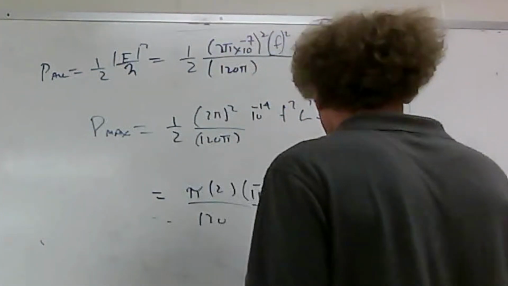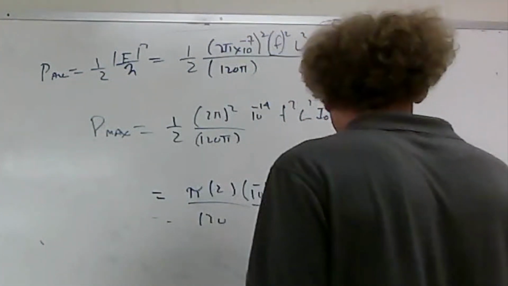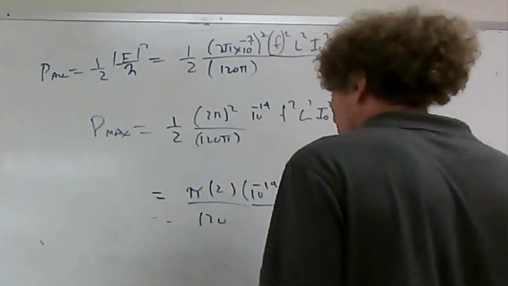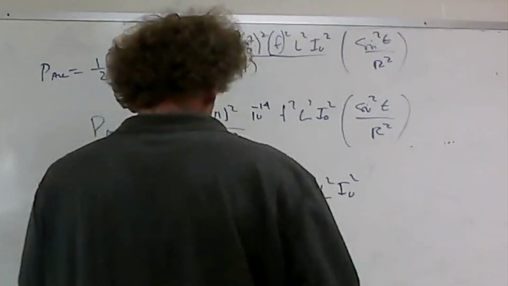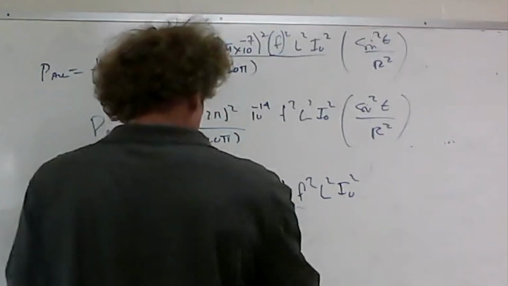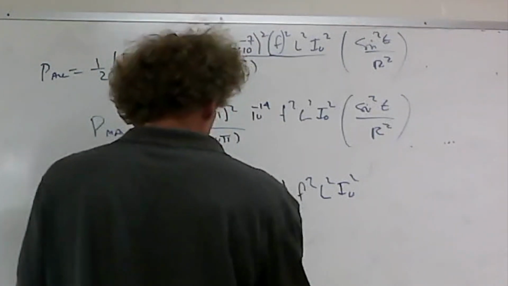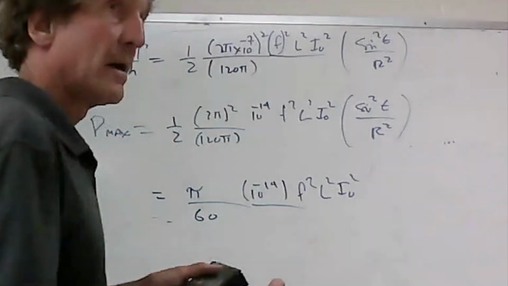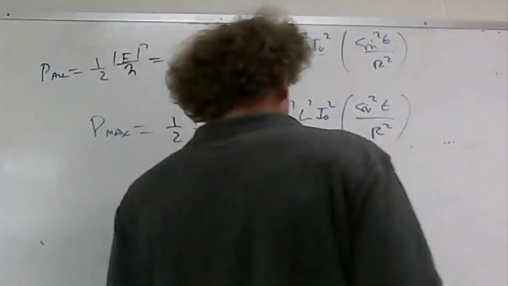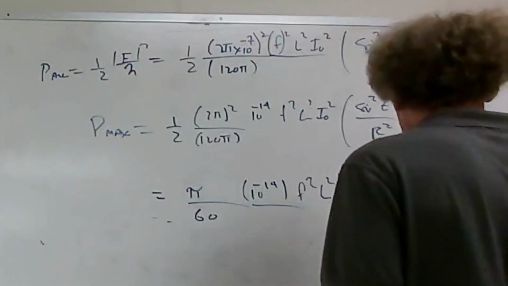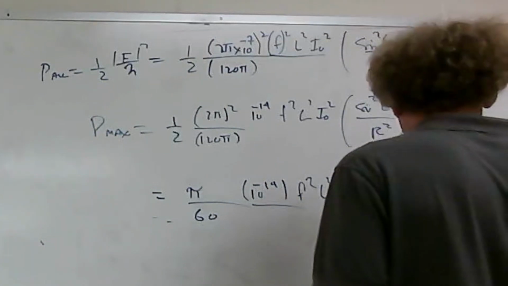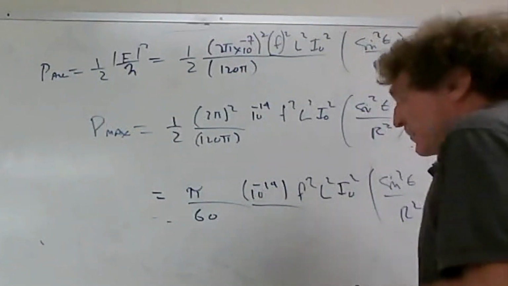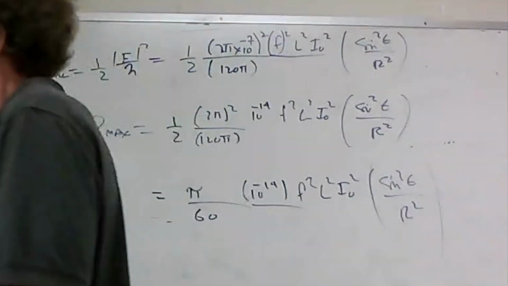Then I got f squared, L squared, I naught squared, and let's just make that 60 pi over 60 right here. And then you're going to have this angular function, sine squared of theta over r squared. So that's P max.